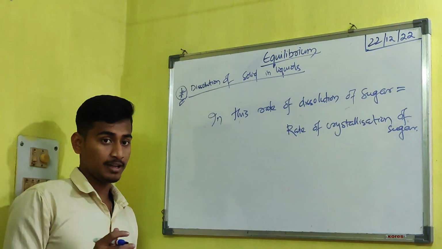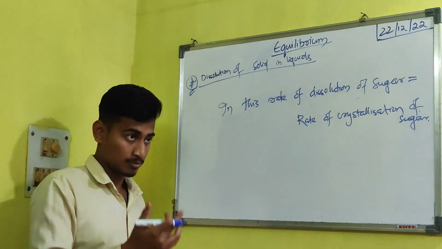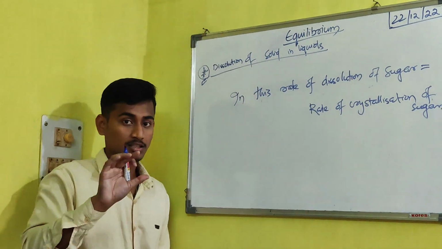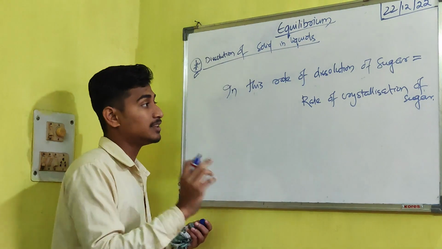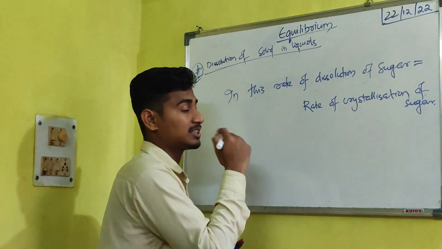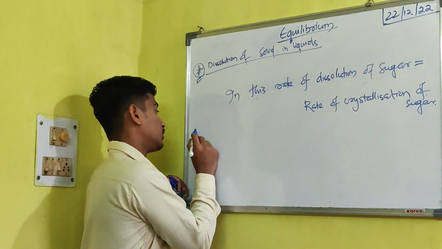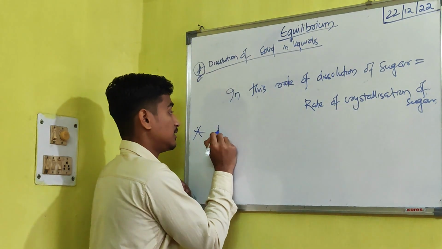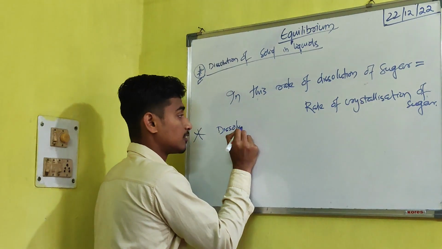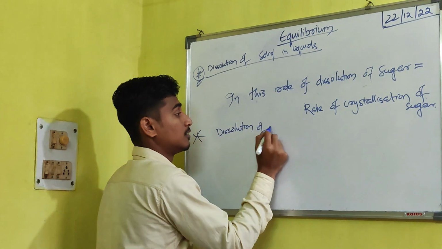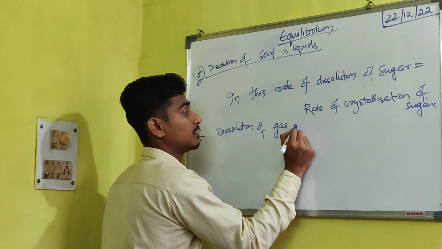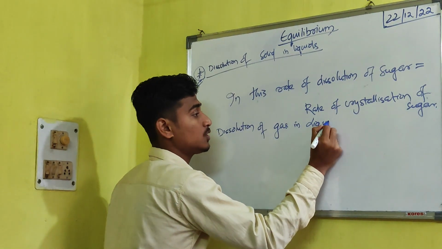That means the more sugar we add to a small half glass of water, some amount of sugar will be crystallized. Next, go to the next part, dissolution of gas in liquids.